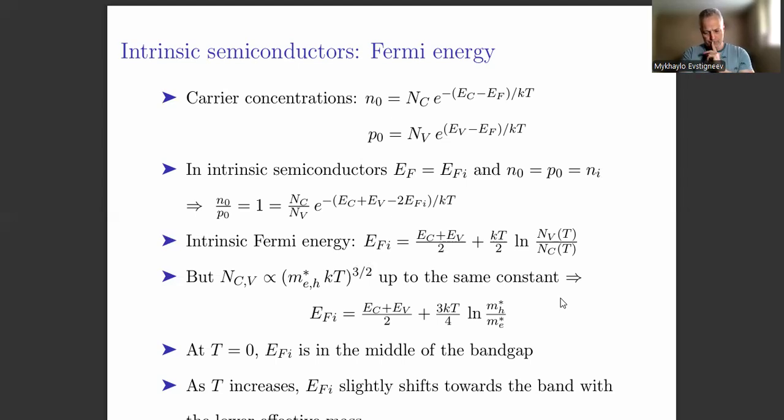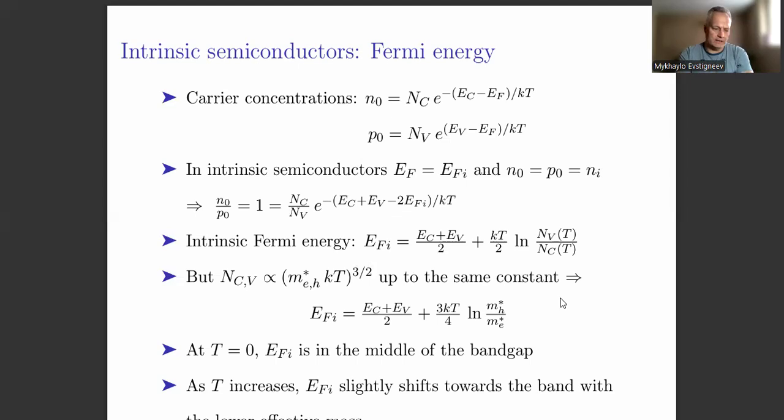Recall our discussion of statistical physics, where in one of the lectures I told you how to calculate the location of the Fermi energy, and we came up with a similar formula. At absolute zero temperature, it is the energy of the highest occupied plus lowest unoccupied energy level divided by 2.